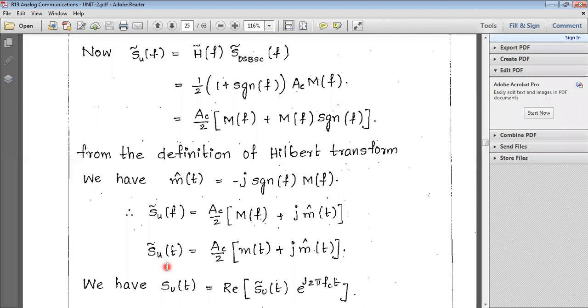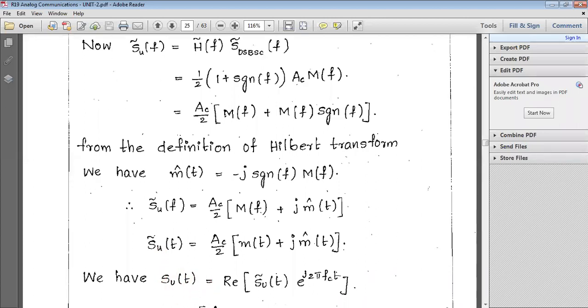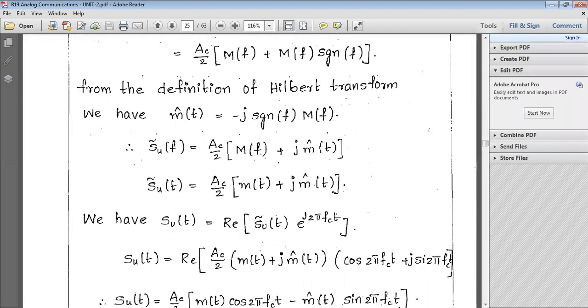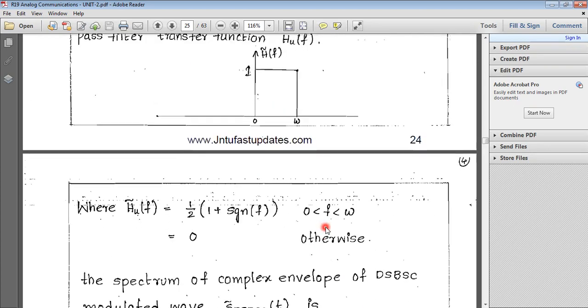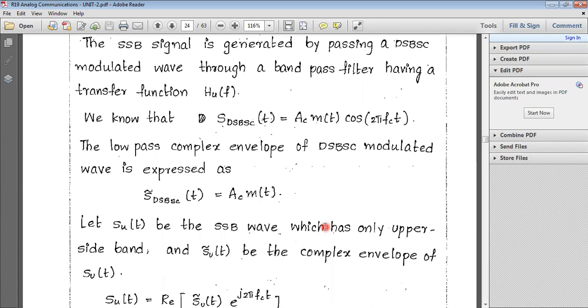But to calculate the normal SSB signal, already you know this formula. What is Su of t? Su of t is equal to the real part of the complex envelope of the SSB signal into e power j 2 pi fc t.